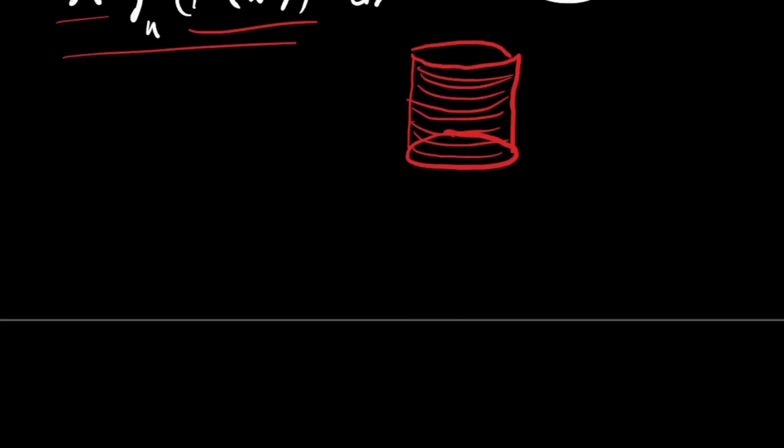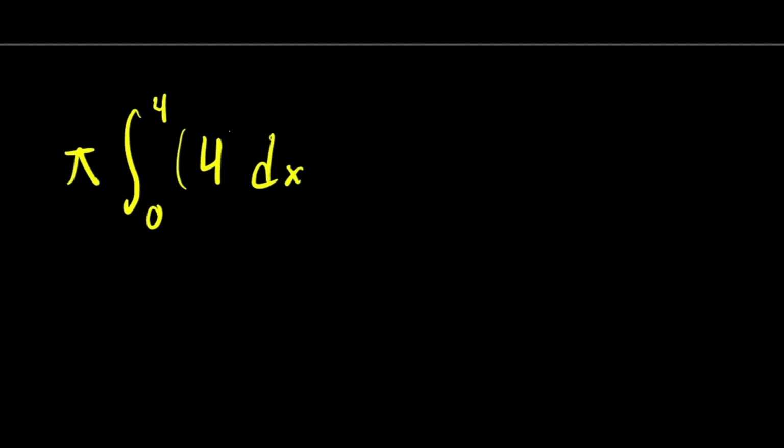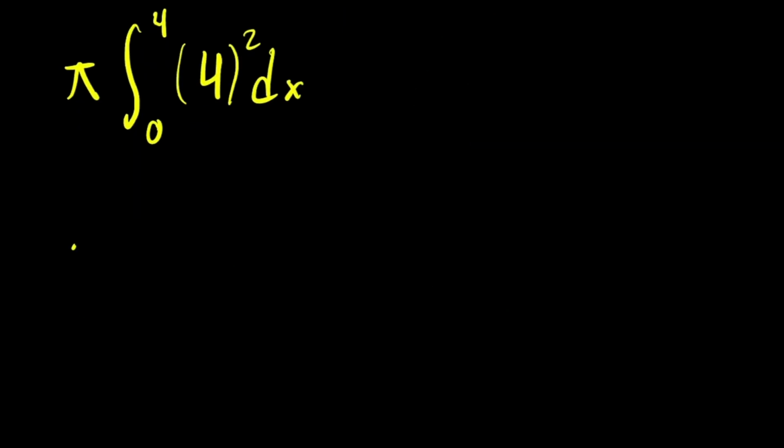So in the case of our problem, we had f of x equals 4. We'll just move on to the next page. So we're integrating from 0 to 4 of f of x, which is just 4, dx. Oh, and don't forget to square it because we're squaring our radius. So we have pi times the integral from 0 to 4 of 16 dx.